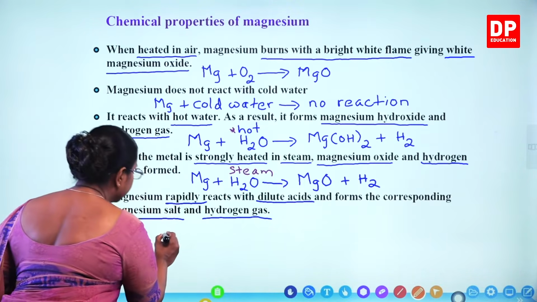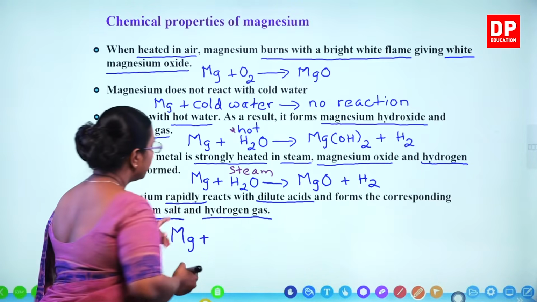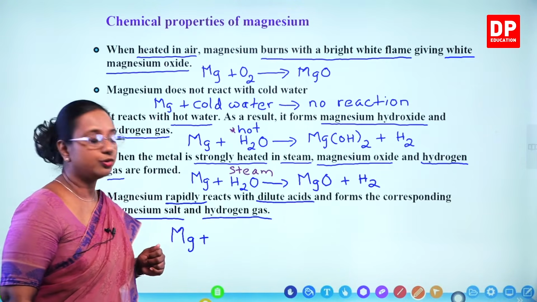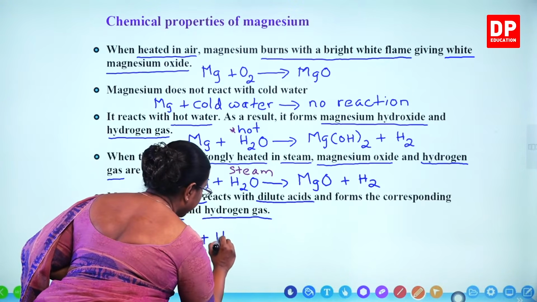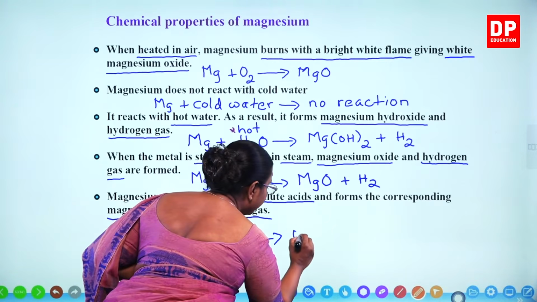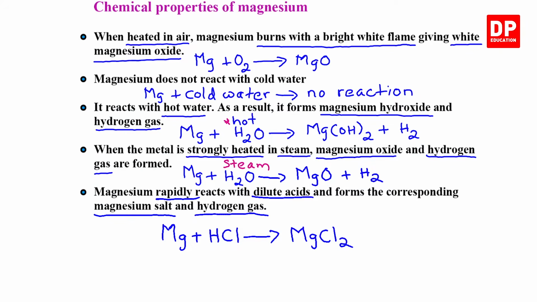So magnesium reacts rapidly with acids. We can react magnesium with dilute hydrochloric acid. Hydrochloric acid is HCl. So it will form the salt of magnesium, that is magnesium chloride.